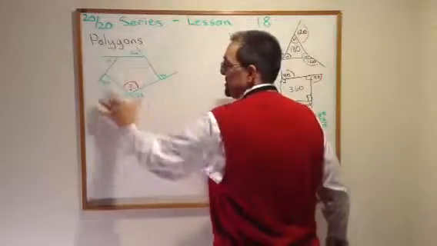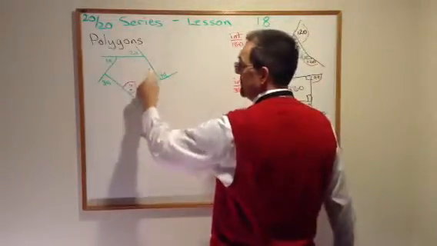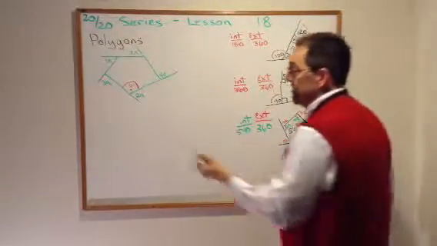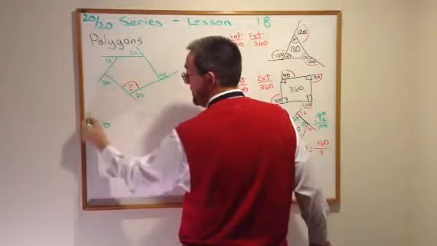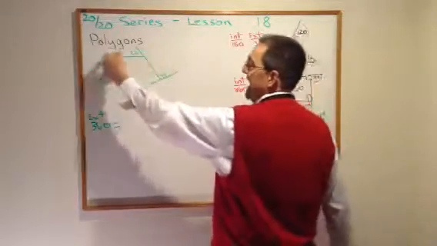They gave us just an arbitrary 5-sided object. 1, 2, 3, 4, 5. Let's find the exterior angle. Well, the exterior is always 360, and that's going to be equal to all of these added up.